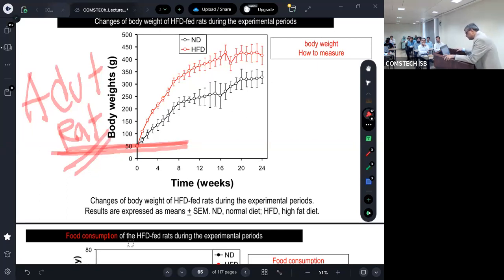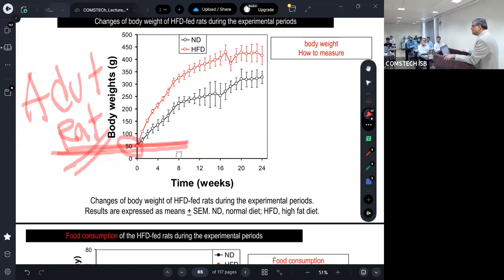Thank you. So an adult rat is 200 grams. So what is a 50 gram rat? Is it an adult rat? No.